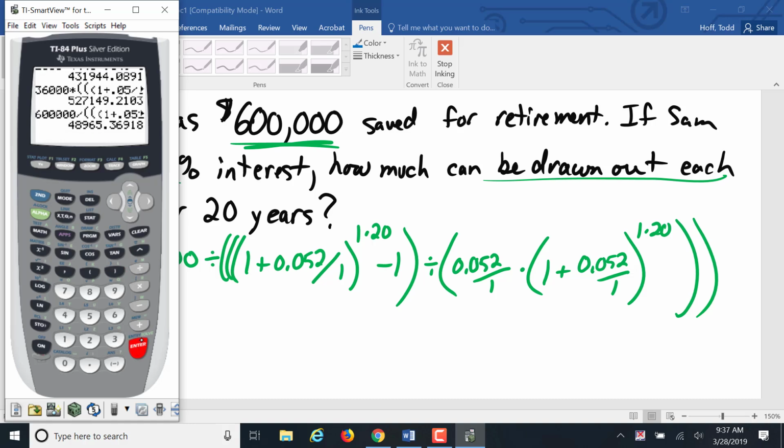And we hit enter. That ends up being $48,965.37 a year.